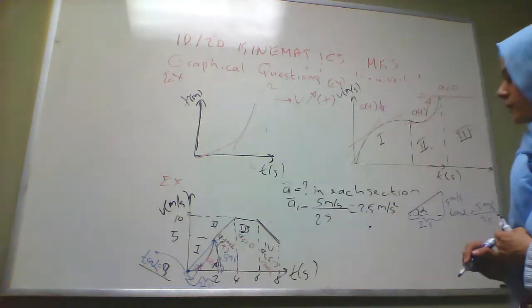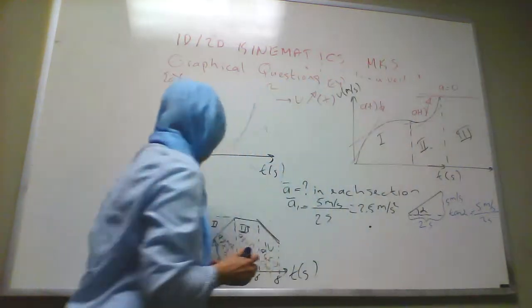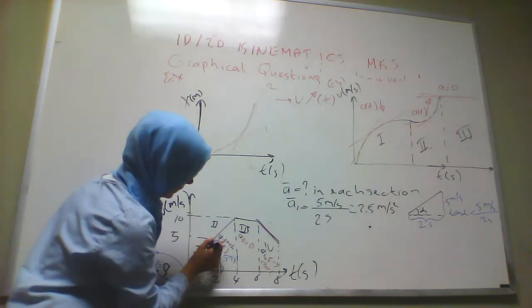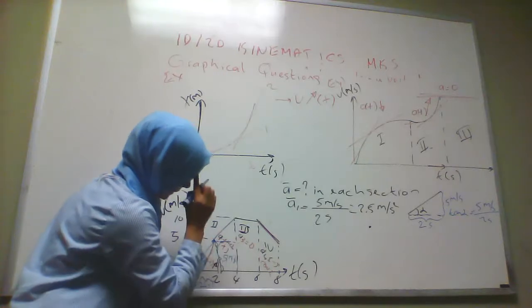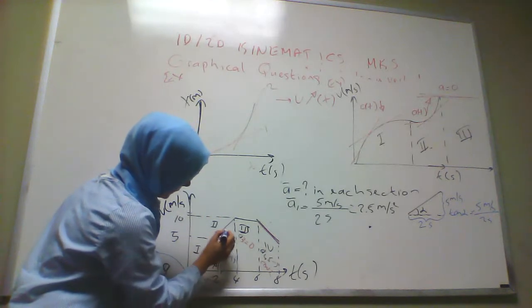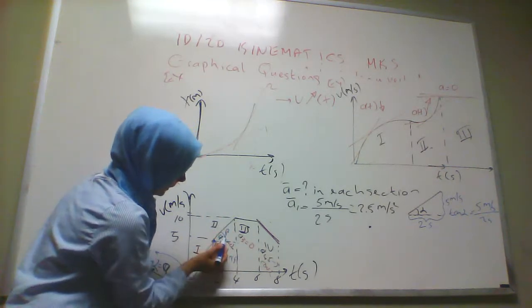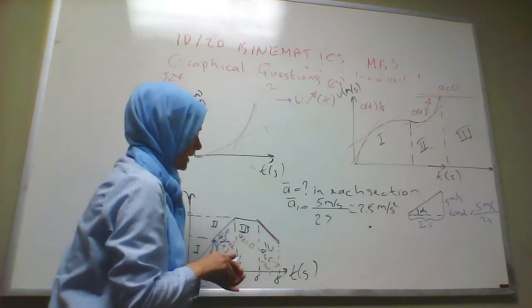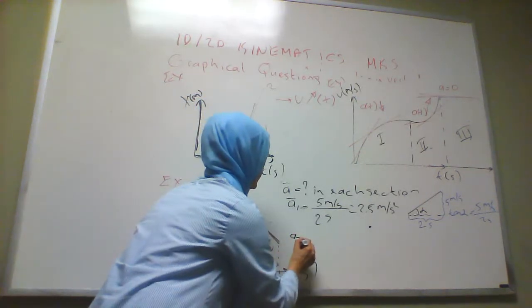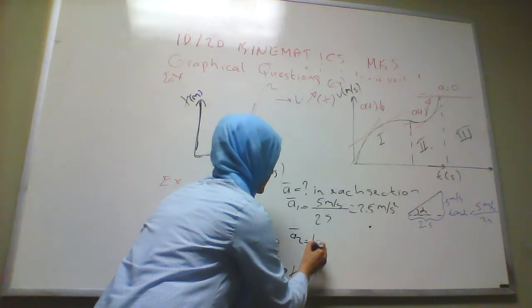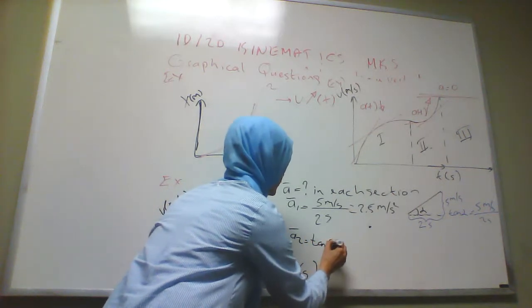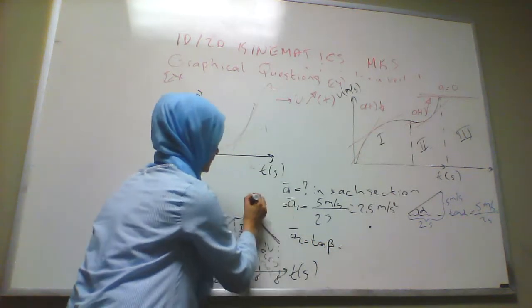In the second part, we do the same, but now our angle is different, or maybe not even different. Let's see. A is constant, but let's look at this angle. Let's call this beta, and we'll again find tangent beta. So we will say A2 is equal to tangent beta. This was equal to tangent alpha.